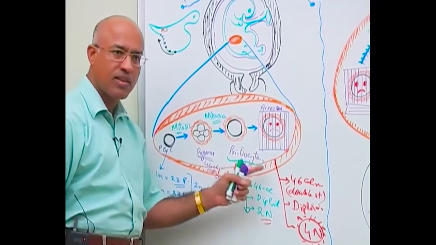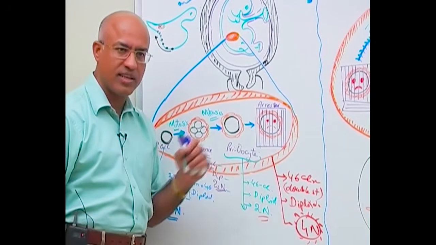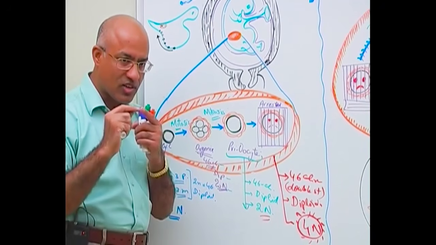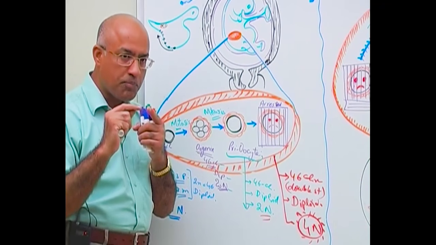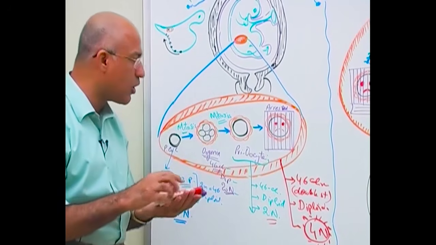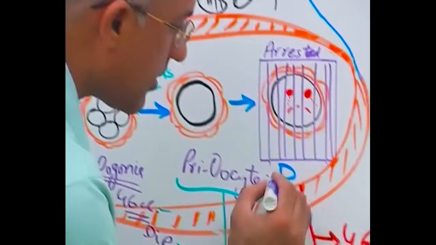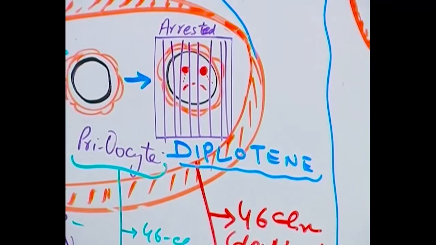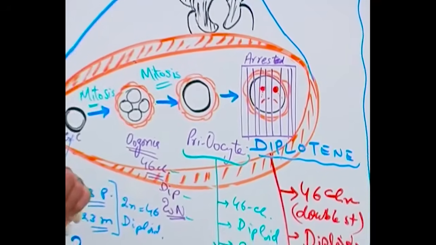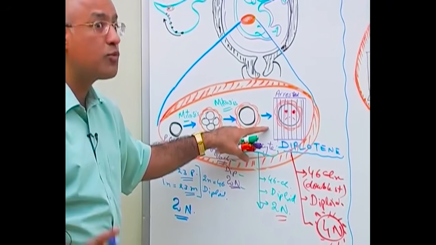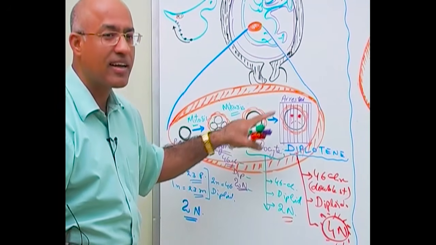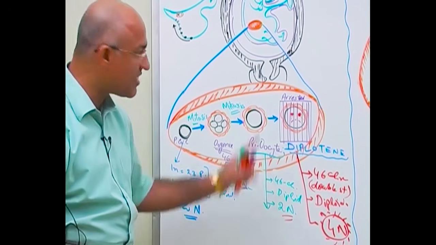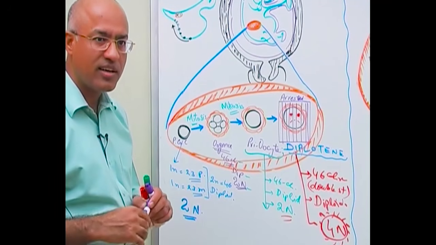Now during the first meiotic division, in the early stage, that is in prophase, there is a special stage called the diplotene stage. When primary oocytes reach the diplotene stage of prophase of the first meiotic division, they arrest their further progression in meiosis 1.